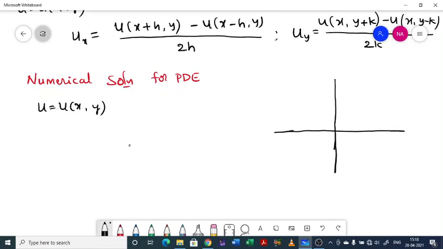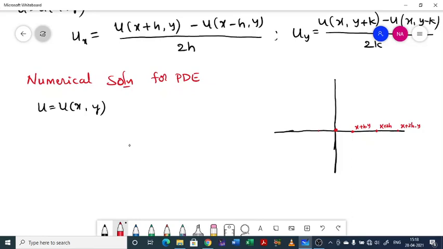This point we will take as x comma y, and this will be x plus h comma y, here x plus 2h comma y, x plus 3h comma y, and so on.